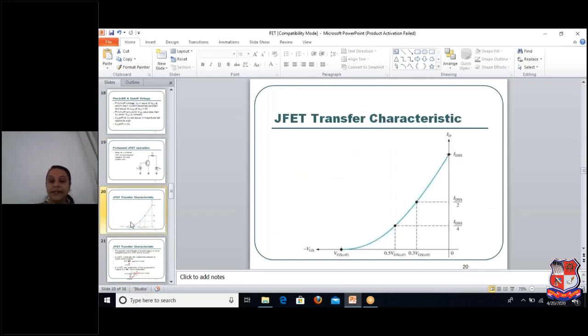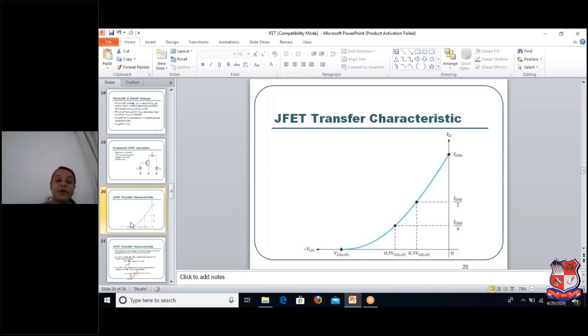You can see here in the transfer characteristics, first we show the minus VGS versus ID. Here the VGS voltage we will give as minus. At what point do you get IDSS as the maximum?